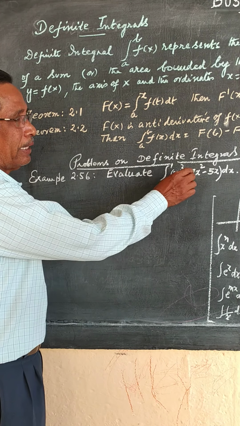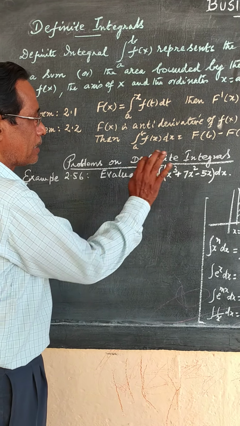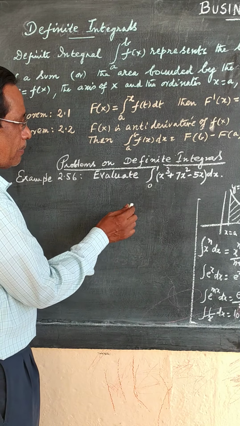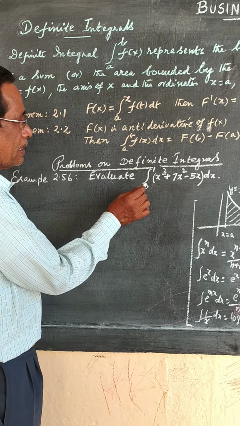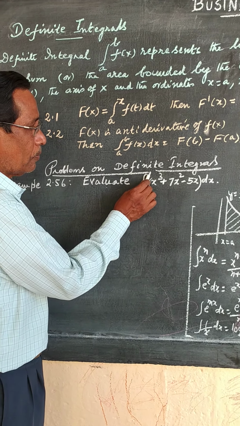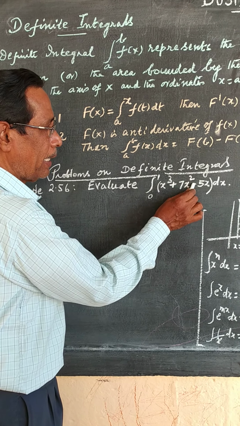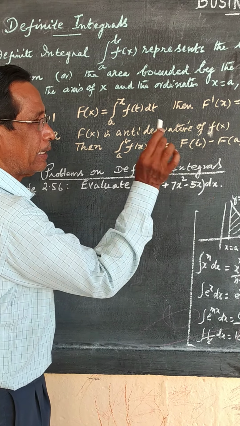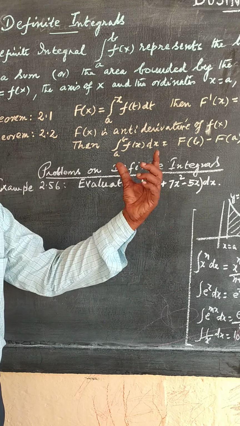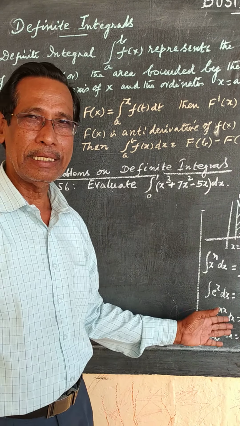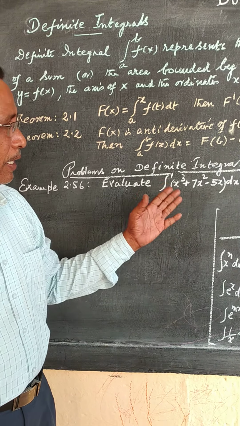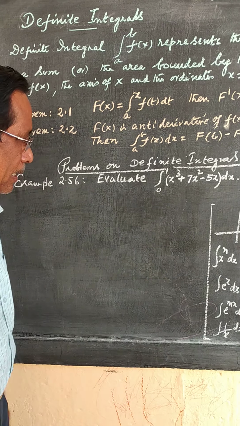Hereafter we will never use auxiliary constants. Now let us take this example. Evaluate the integral from 0 to 1 of x cube plus 7x square minus 5x dx. This is a small problem which we can very easily find out because we already studied this in 11th standard.